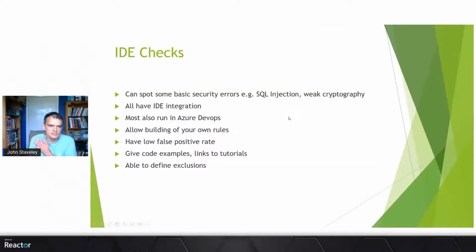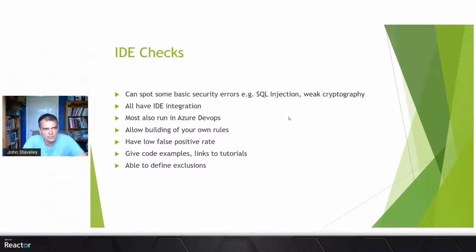Okay, so now we're going to look at checks in the IDE. So you've got your code and you want to make sure that you're using the best security rules you can. Now, IDE checks can help spot some basic security errors like SQL injection or weak cryptography. A good IDE check must obviously have IDE integration, but better than that, one should also run in Azure DevOps.